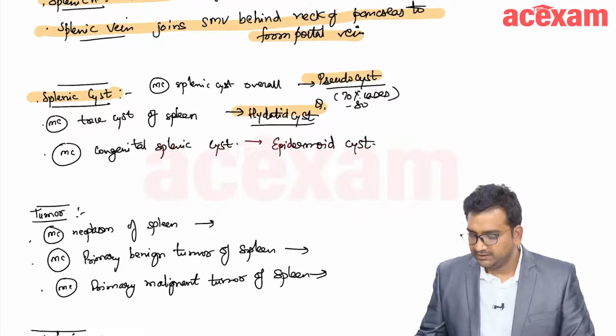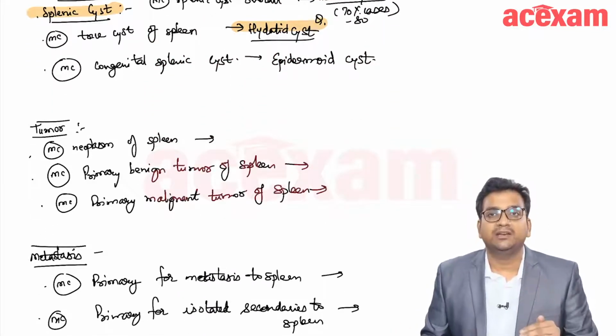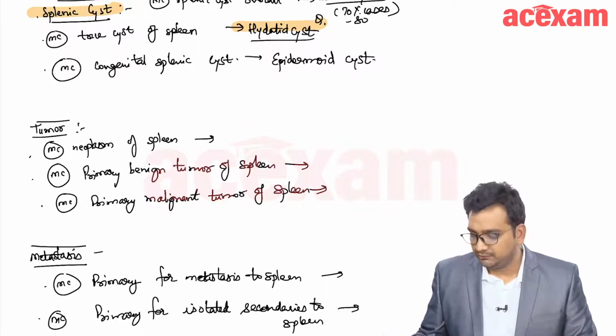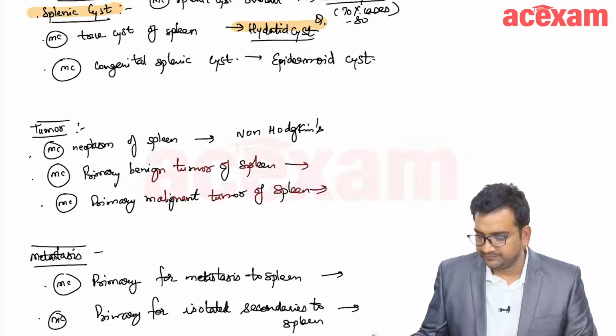Now, regarding the tumors, what is the most common neoplasm of spleen? Most commonly spleen is part of non-Hodgkin's lymphoma. So most common neoplasm of spleen is non-Hodgkin's lymphoma.